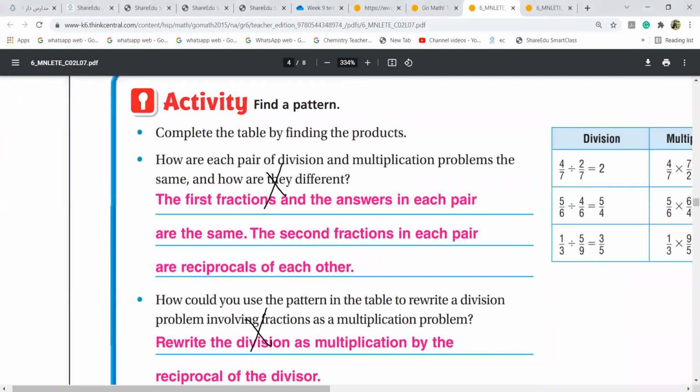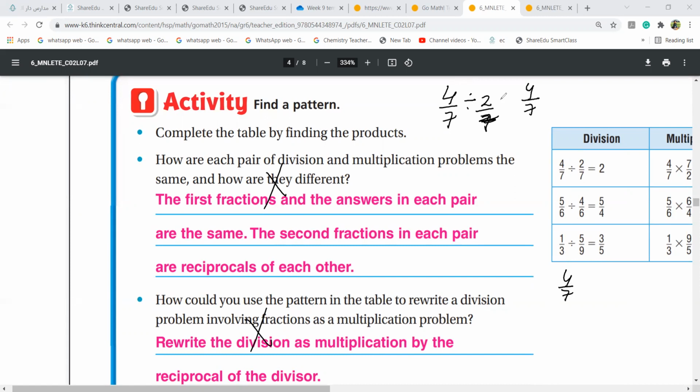If I ask you to solve 4 over 7 divided by 2 over 7, how will you do this question? How did I teach you? You will write the first one, and then instead of division, you will write multiplication.